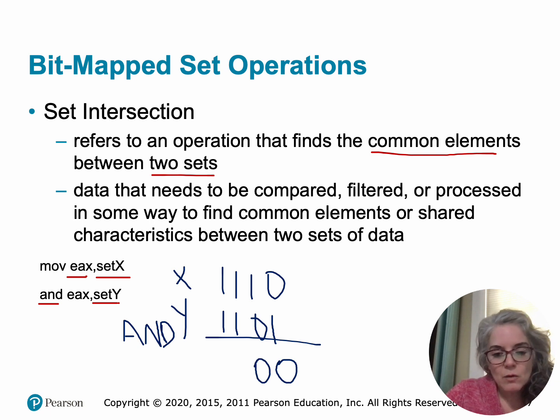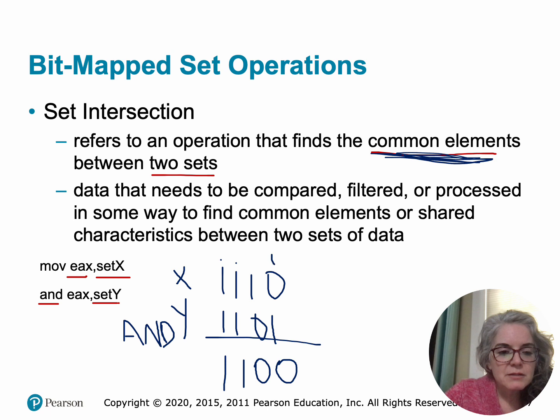Because with an AND, the only time that it can be true or 1 is if both bits are 1. So this is 1 and 1, and this is 1 and 1. So what this shows is that the only two bits that are common between these two sets, common elements, like it says right here, is bit 2 and bit 3.